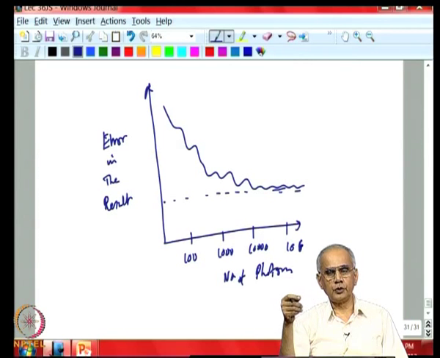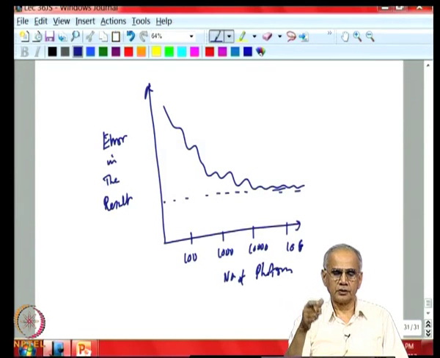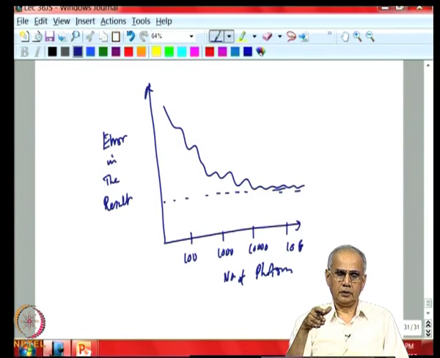And as we do in the case of checking convergence of infinite series, we go on taking more and more terms in the series, and we stop when the quantity that we are interested in does not change by more than, let us say, 0.1%. So, the same thing can be done here. We go on adding photons until the error comes below the value that you have set yourself.